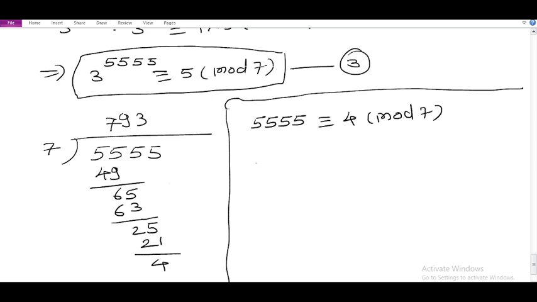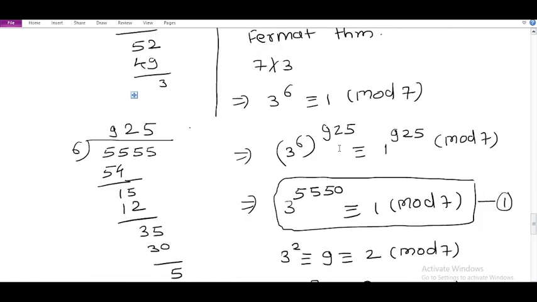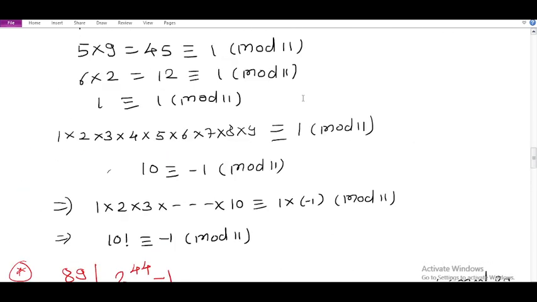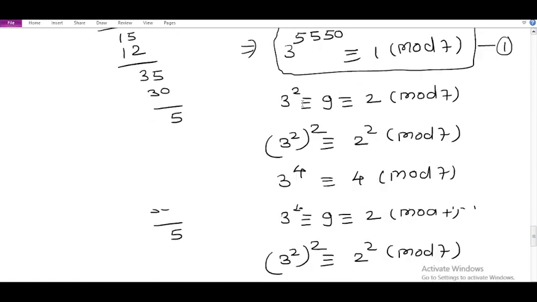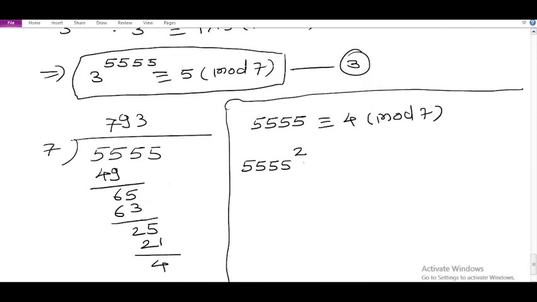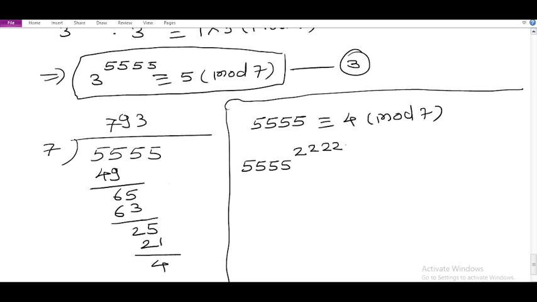Now this implies 5555 raised to 2222 is congruent to 4 raised to 2222 modulo 7. So we want to determine the power of 4 raised to 2222.